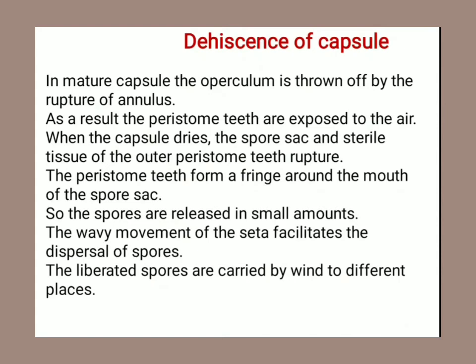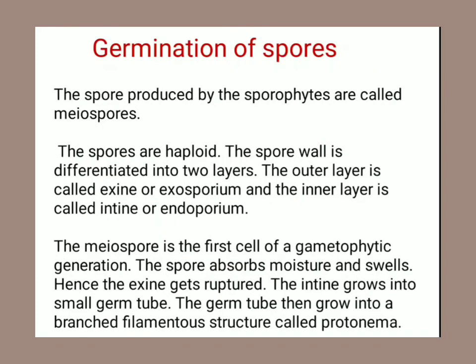So the spores are released in small amounts, and the wavy movement of the seta facilitates the dispersal of the spores, and the liberated spores are carried by the wind to different places. Okay, and then spores are spread by the wind.